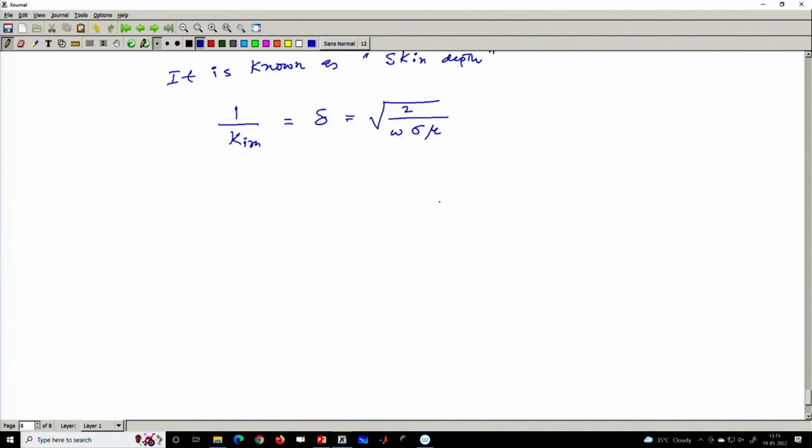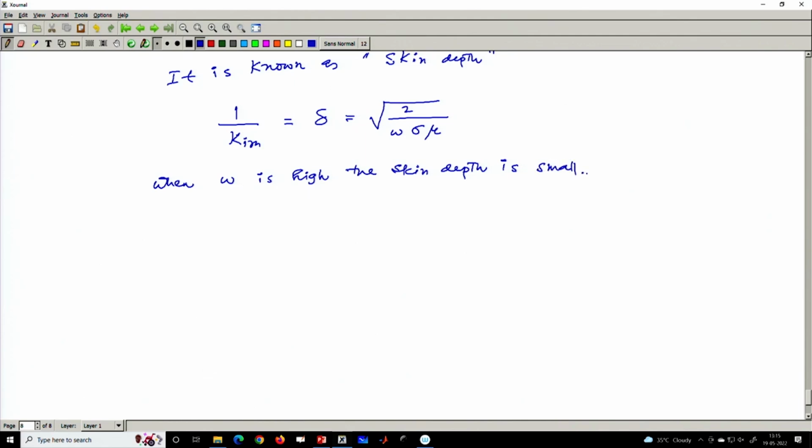If you can see that for a given conductor, when omega, the frequency, is high, the skin depth is small.